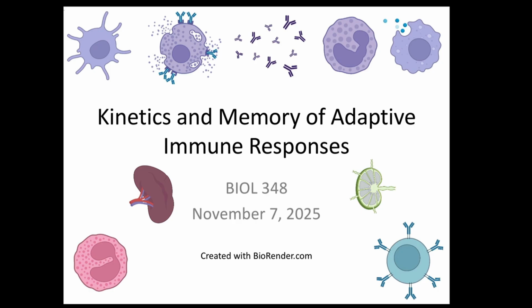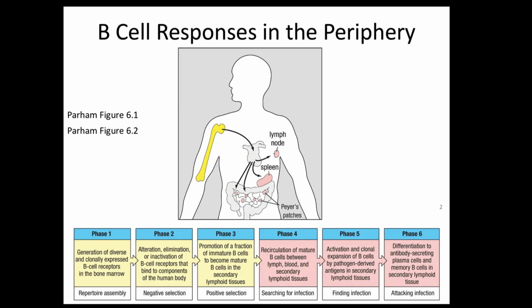Just as a reminder, last time we were really focusing on B cell responses in the periphery. And specifically, we were looking at what happens when those B cells first are activated in the secondary lymphoid organ, this thing that's shown as phase 5. And we're moving into what's happening with their differentiation.